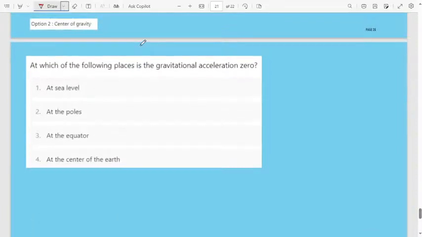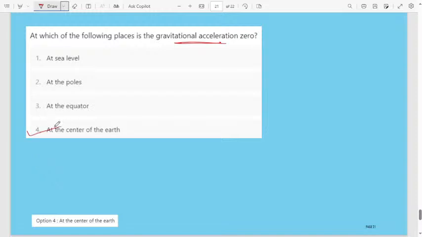At which of the following places is the gravitational acceleration 0? First option at sea level, second at the poles, third at the equator, fourth at the center of the earth. At the center of the earth, the gravitational acceleration is 0.